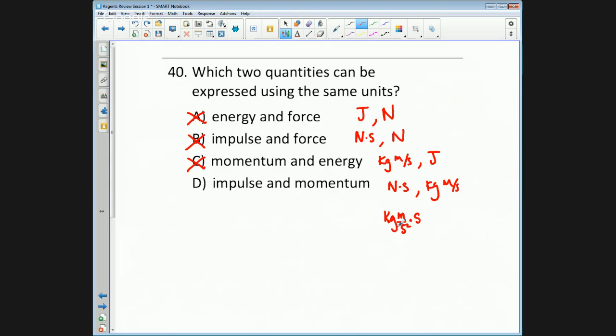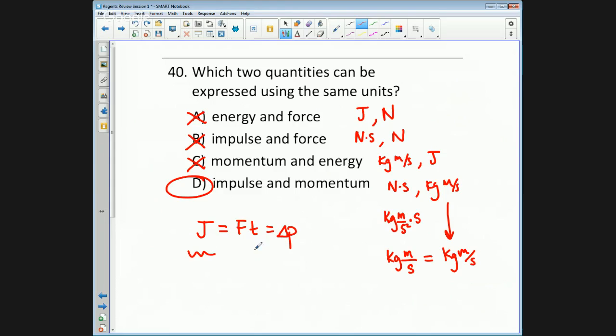When we simplify this, we get kilograms times meters per second squared times second, which is kilogram meter per second. So they are equal indeed, impulse and momentum. You can also just verify using this formula: impulse equals delta P. Next.